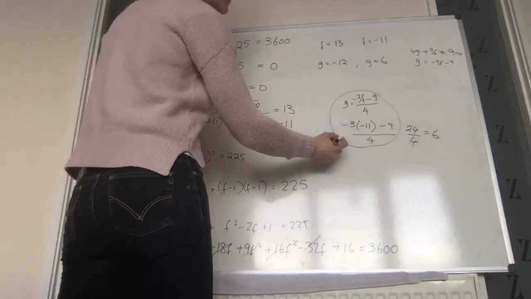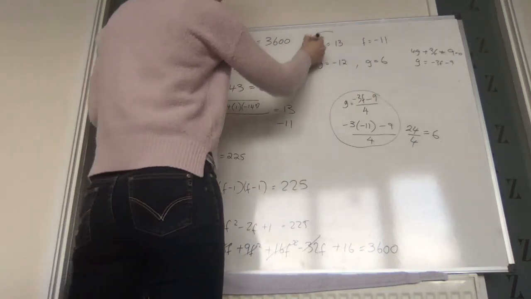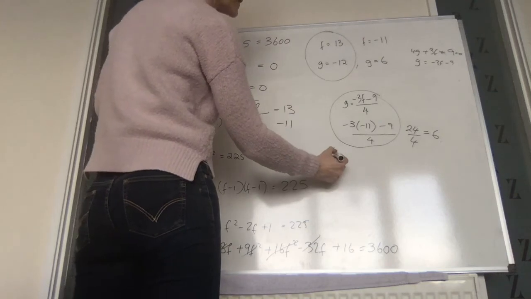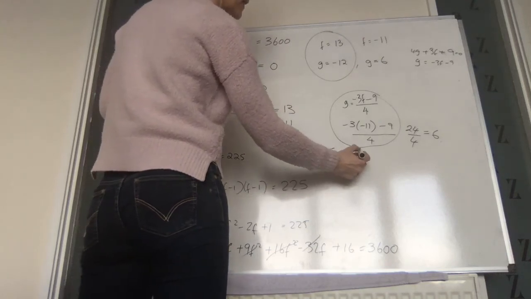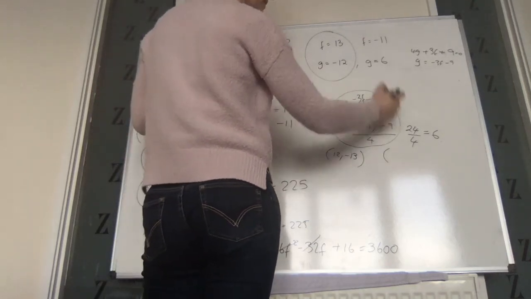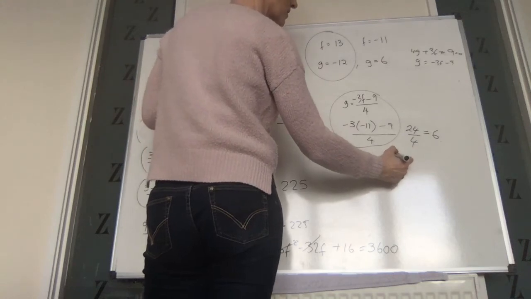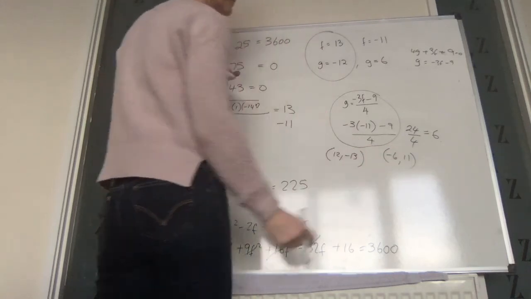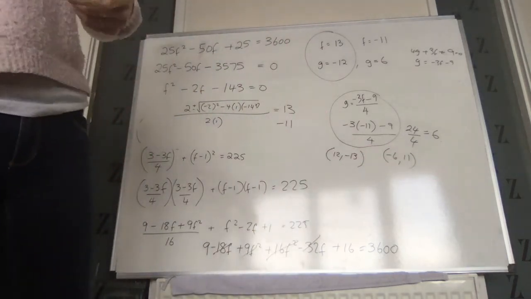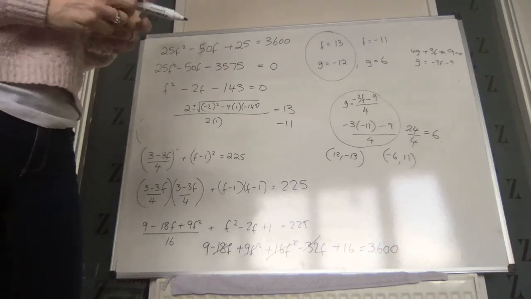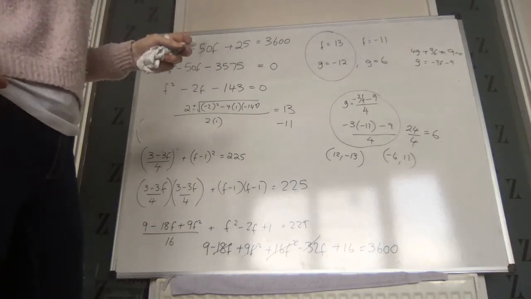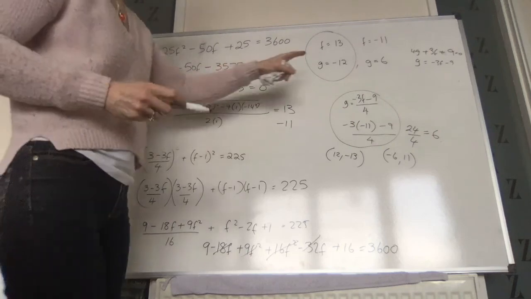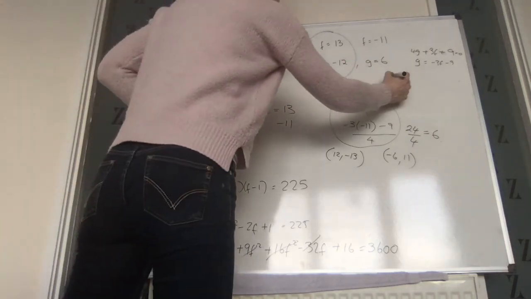So what's the center of the circle then? In one case, the center of the circle is minus g, minus f, and in the other case, the center of the circle is minus g, minus f. Okay, so there are your two answers. They wanted the equations, but you know that the radius of that circle was 10.